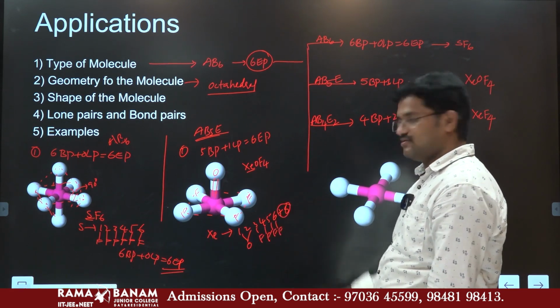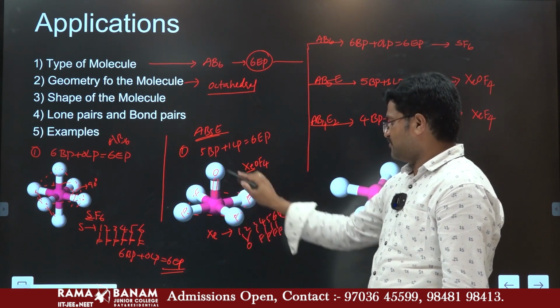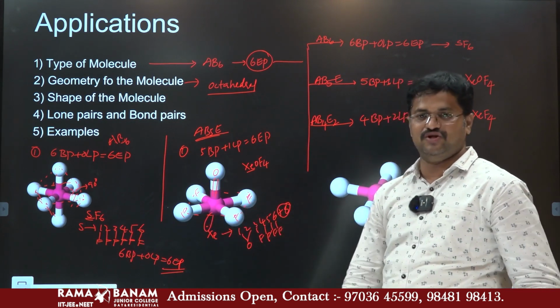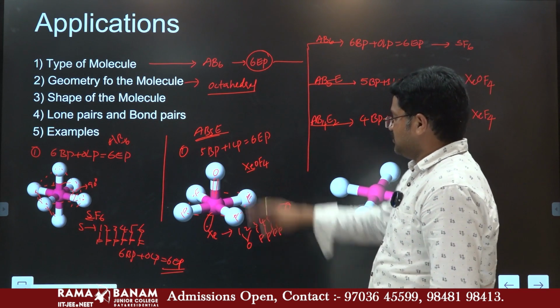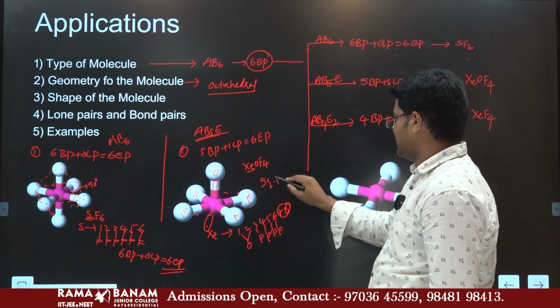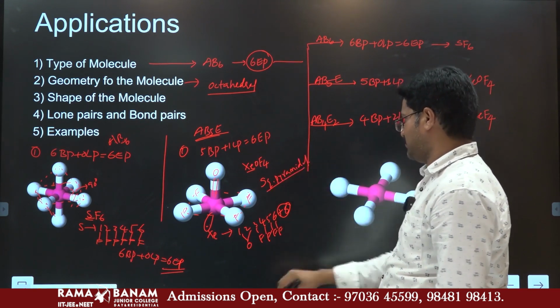The remaining is a lone pair. So 5 bond pairs and 1 lone pair, arranged below the plane. The geometry is what? Square pyramidal.